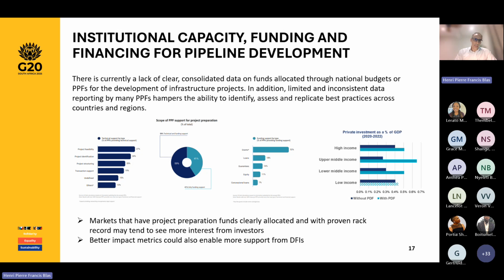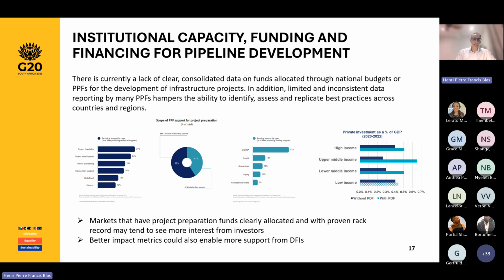If you look at the benchmarking infrastructure development, where we cover 150 countries, you'll see that most countries have something that resembles a PPP unit or some sort of facility. But when you start looking at the business model and how much those facilities are able to support projects and how successful they have been in the past, that's when data actually becomes very, very complicated. And most of the time, we don't have a consistent view.